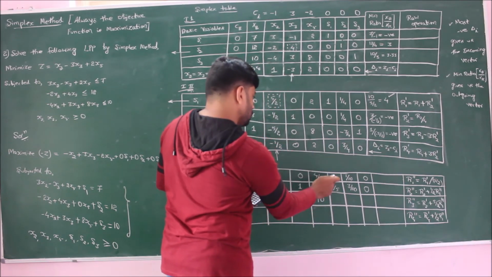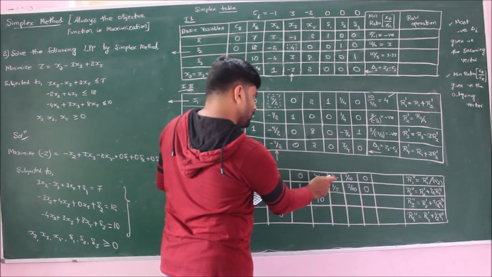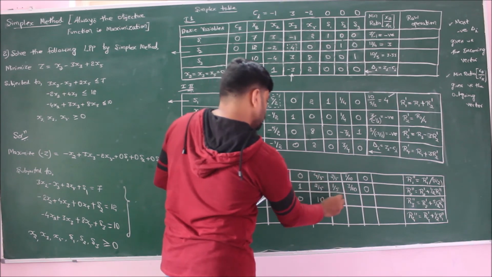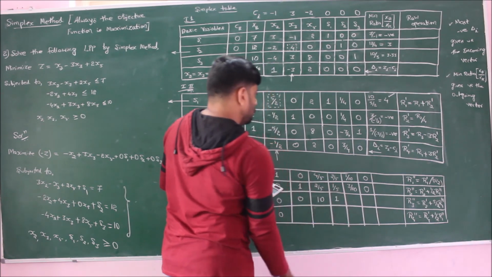Here we have 0, 2 by 5 into 5 by 2 will get cancelled, it will become 1. So we will be getting 1.